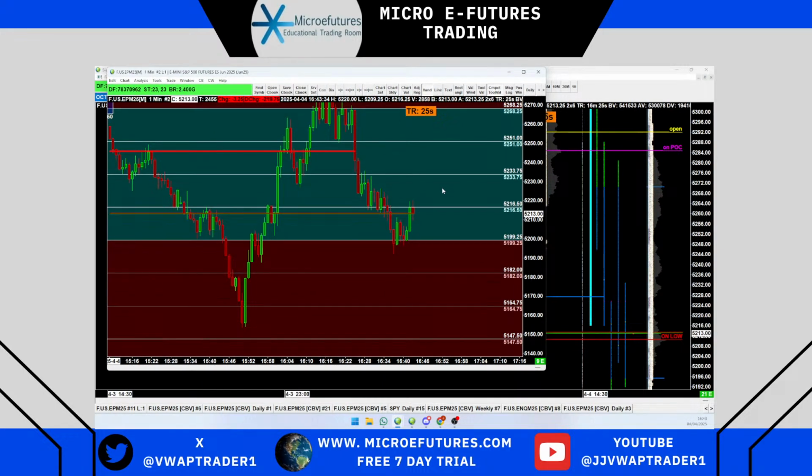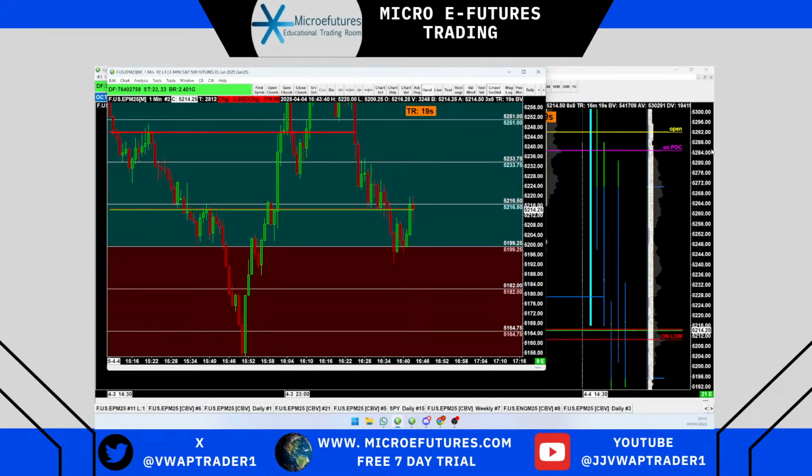Watching the offer tells me where the seller or sellers are coming in and competing. They were selling here before and it pushed the market lower. They were selling here, so they're going to sell there again.